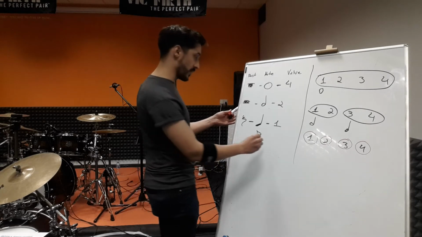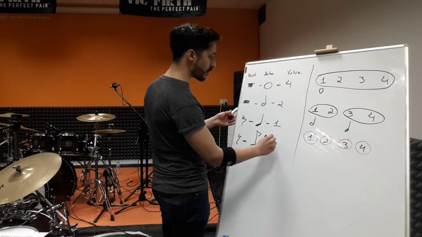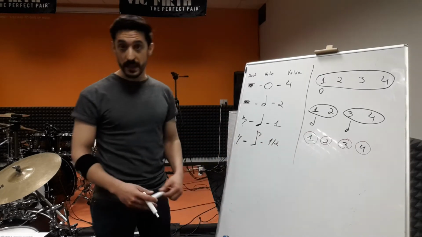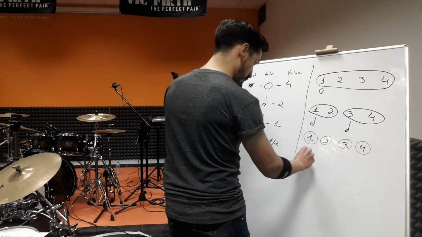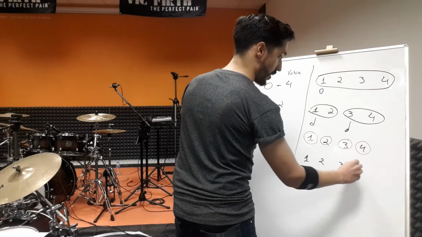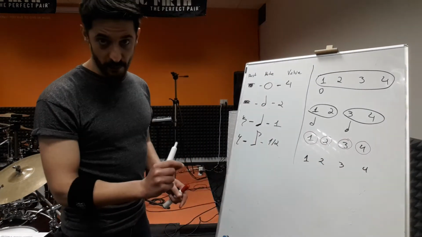So now we have the 8th note, which only occupies half of a beat. So now this is when we start subdividing, because if we only have 1, 2, 3, 4, that's not going to be very placement friendly.